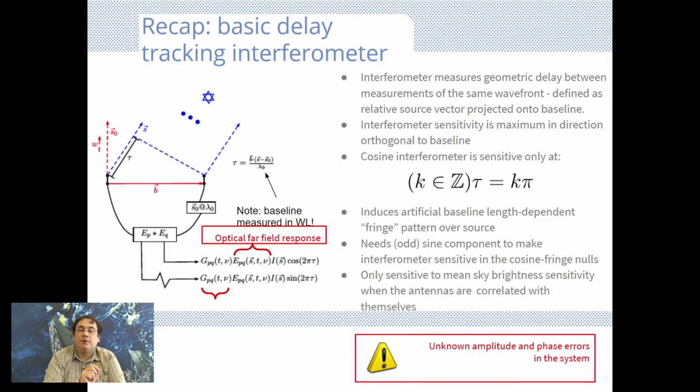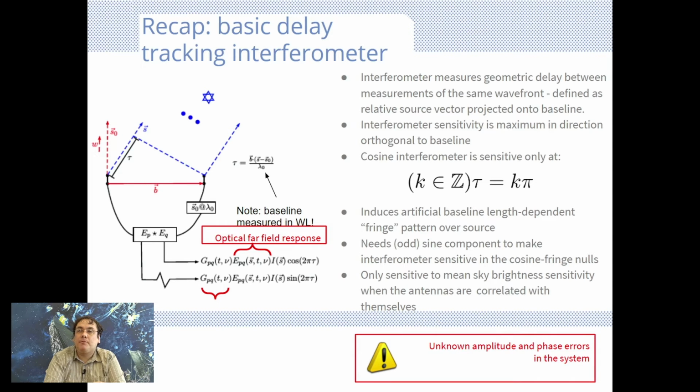So what we're measuring here is the distance of the source from this orthogonal direction as it's projected, so the dot product onto our baseline vector. This is a cosine, if you recall your calculus from university.